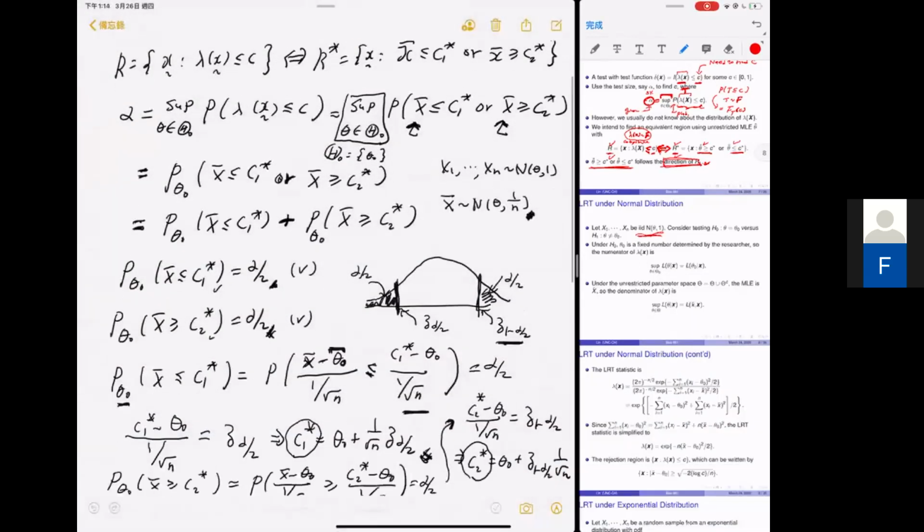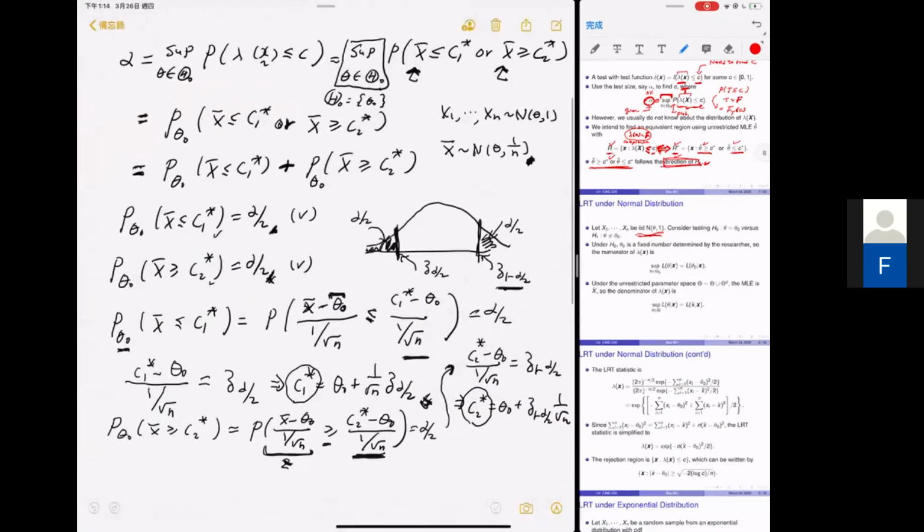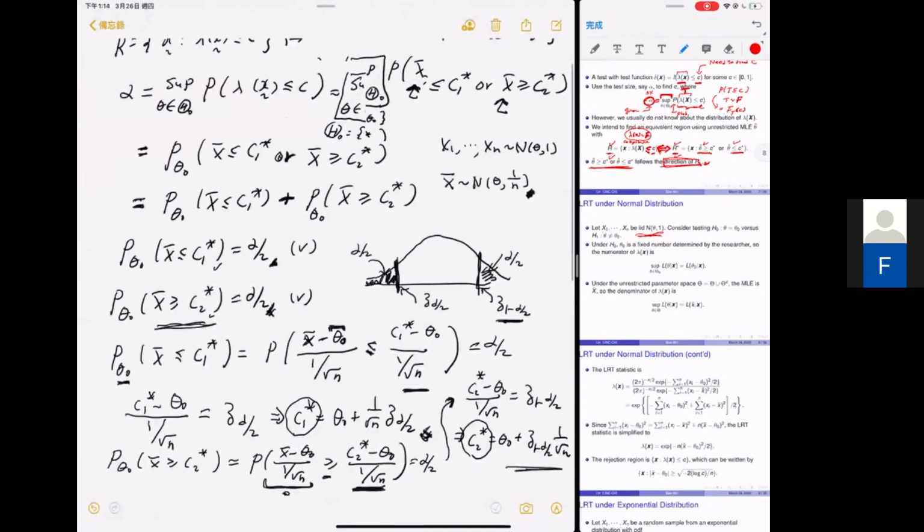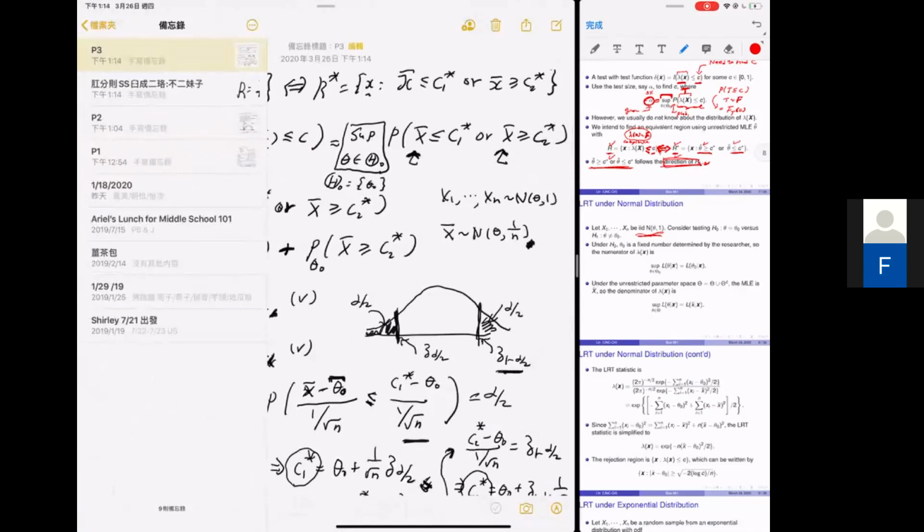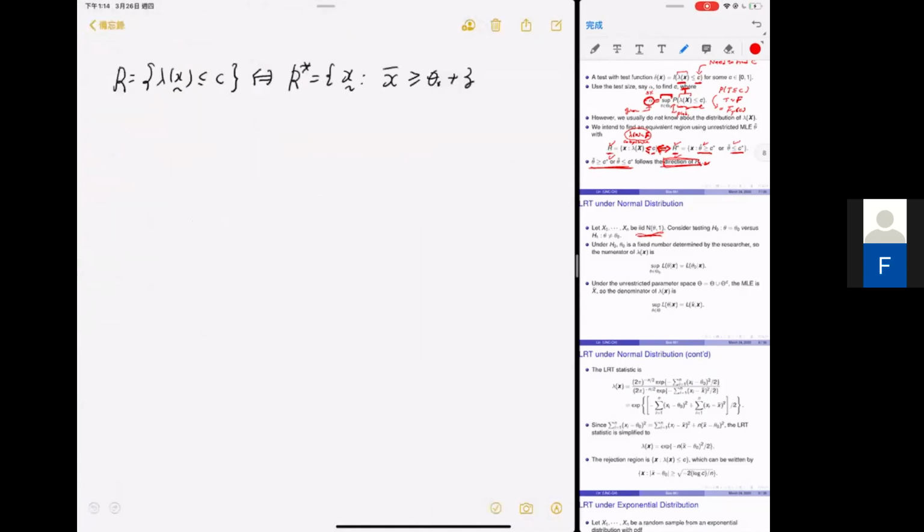Okay. So that means X bar bigger than C2*. C2* is here, so just memorize it.